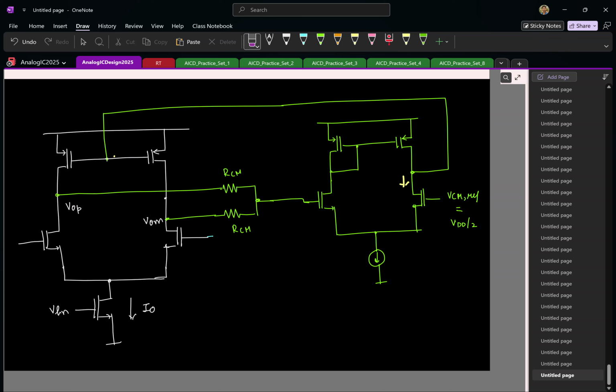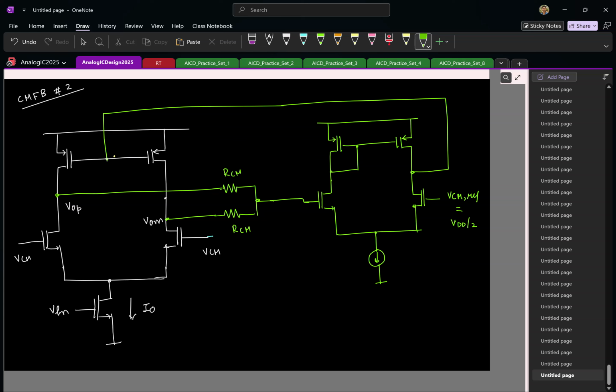Cool. So now look at this circuit. Let me call this common mode variant 2. Let's draw the common mode half circuit to get a better understanding. Again, for common mode, the assumption is I'm giving equal excitations on both sides.